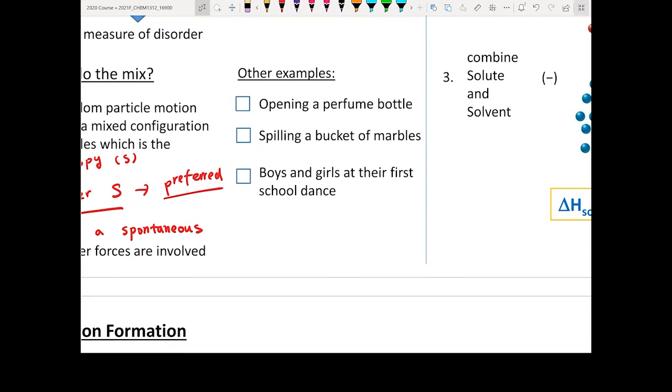Then under those conditions, the mixing is spontaneous. But in this case, in their first dance, they're repulsive. It prevents them from mixing with each other. So under this case, this probably won't happen spontaneously, but it's not because of the mixing process. It's rather because there's some other interaction between the two entities.